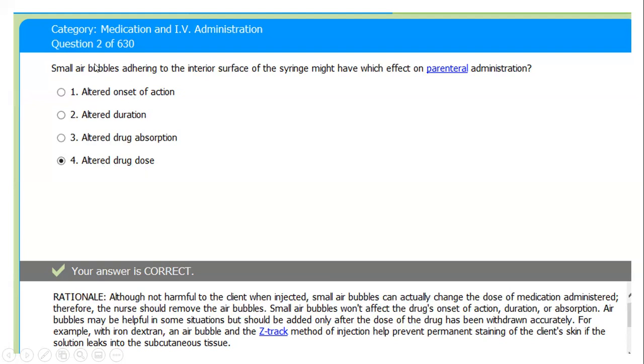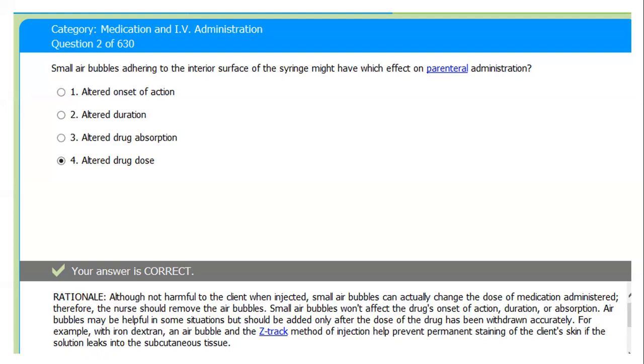And if there is an air bubble in the syringe, we must remove it. Because a small air bubble later on can get bigger, or a small air bubble can unite with another air bubble and make a big bubble.